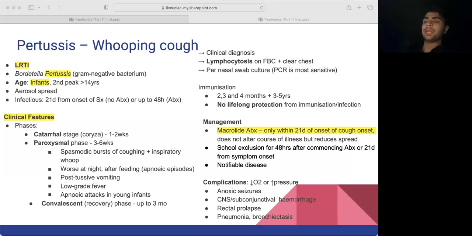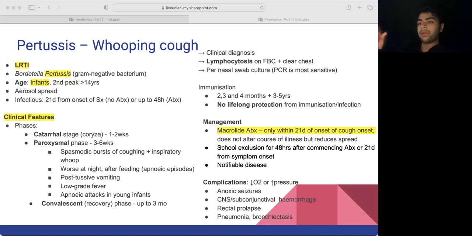And the chest will typically be clear on a chest x-ray, but you'd be unlikely to do a chest x-ray in children generally because of the radiation exposure. So you'd only do a chest x-ray if you absolutely had to. The reason that it's also quite rare nowadays, it's not that commonly seen, is because of the immunization program.